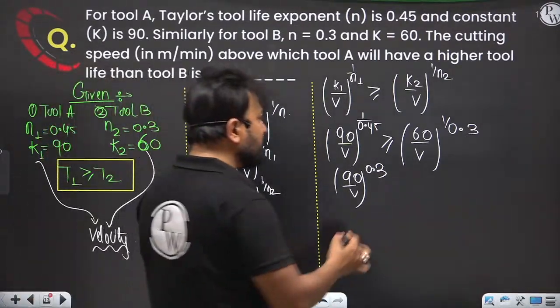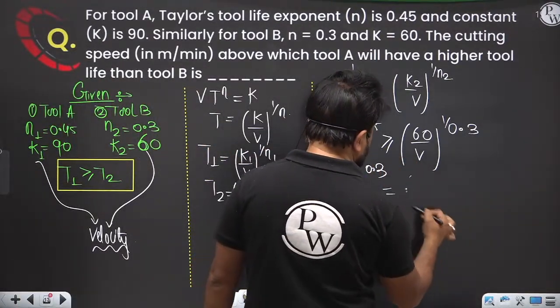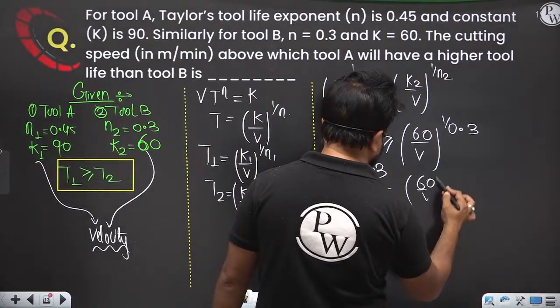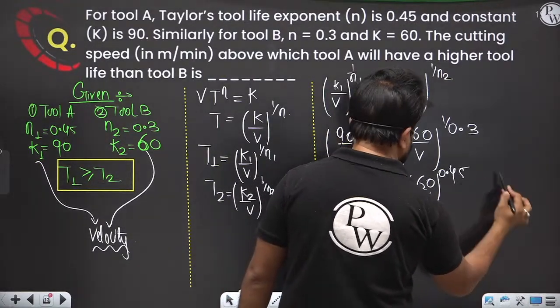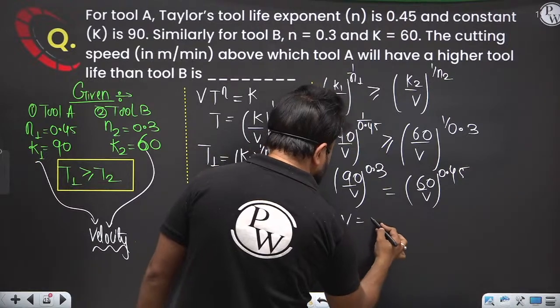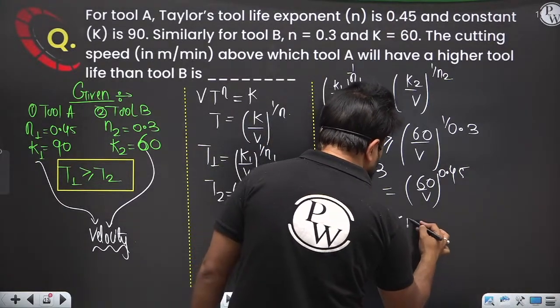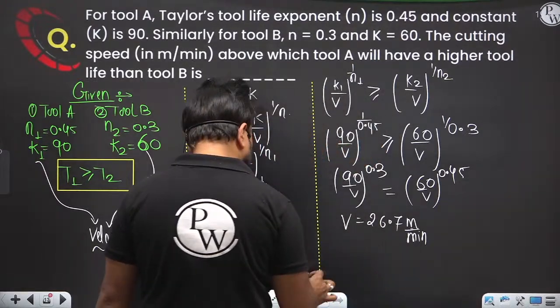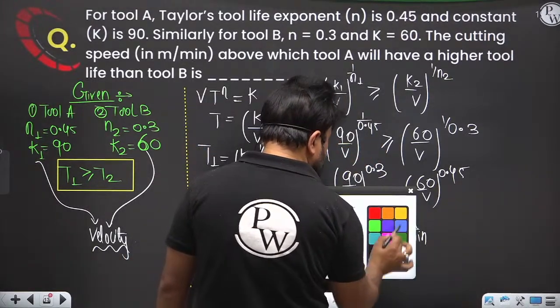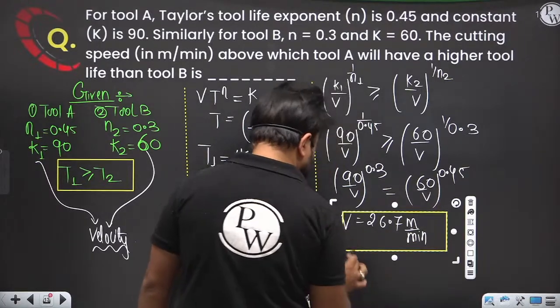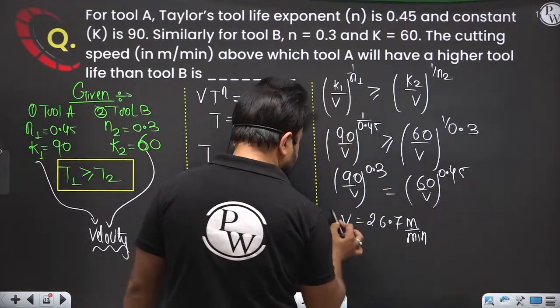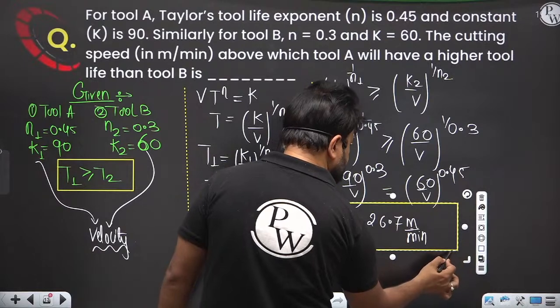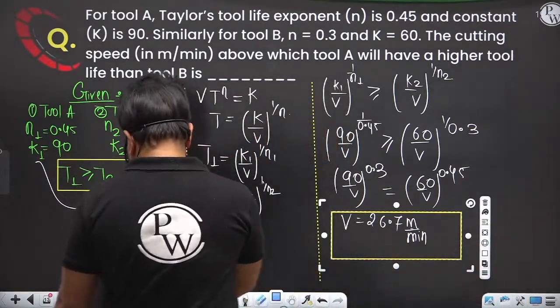We have to remove the powers, 5 V to the power 0.3 and 0.45. Solve this, you get 20 meter per minute. This is the final outcome. This is the final answer.